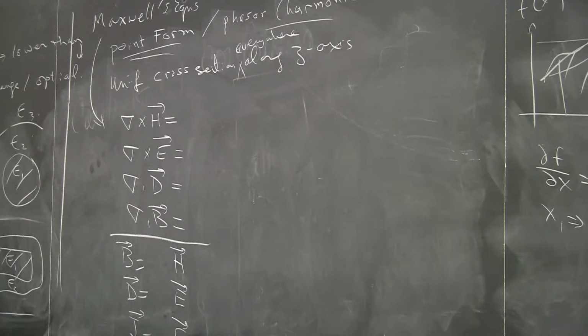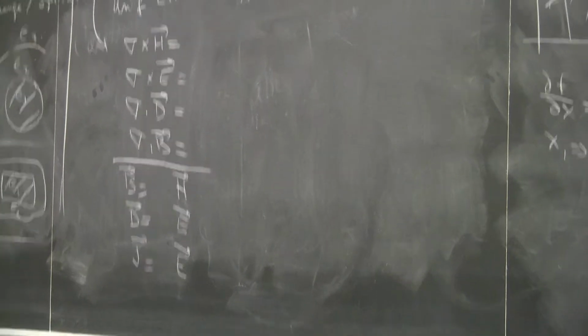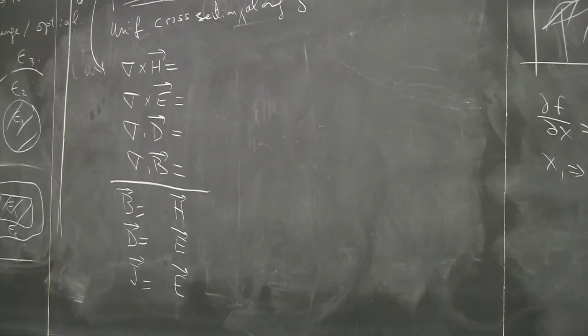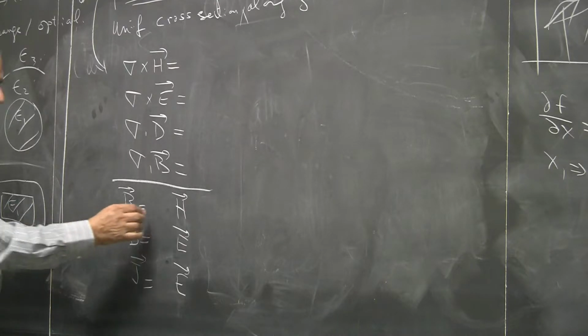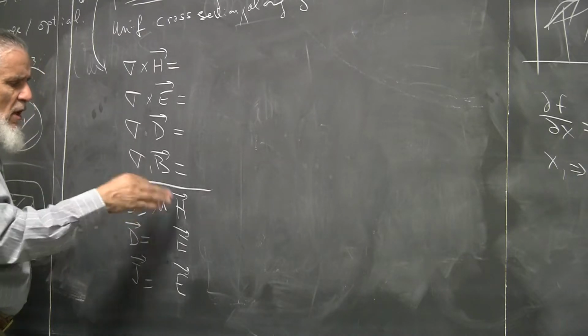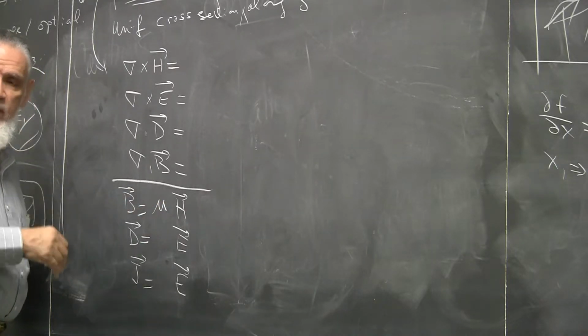Now, I'm going to also assume that my media is homogeneous, so I don't have to worry about tensors, right? Typically, if you assume homogeneous media, it means whatever you do in the x-axis will be the same as you do in the y, you do in the z, same thing. So if I write here mu H, mu is constant everywhere, x, y, or z.